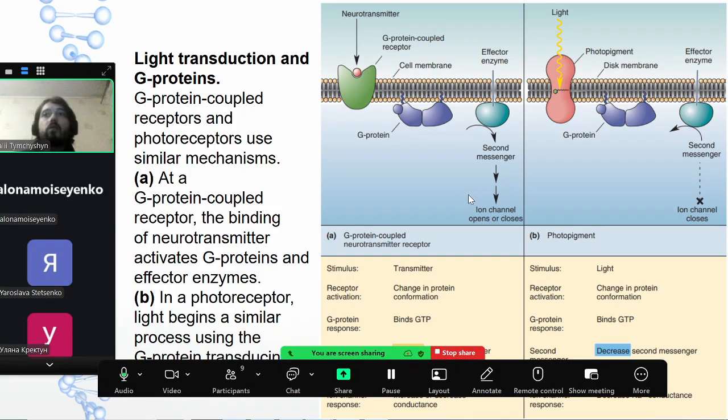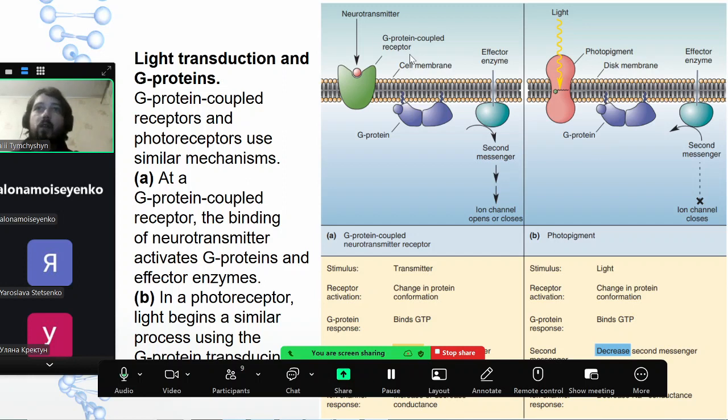I already told you that this is some sort of G protein coupled receptor. We have considered many different GPCRs, and we have considered some mechanisms, some signaling cascades. So let's do a small comparison.